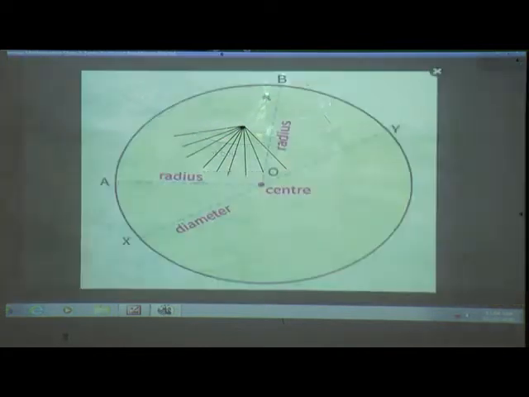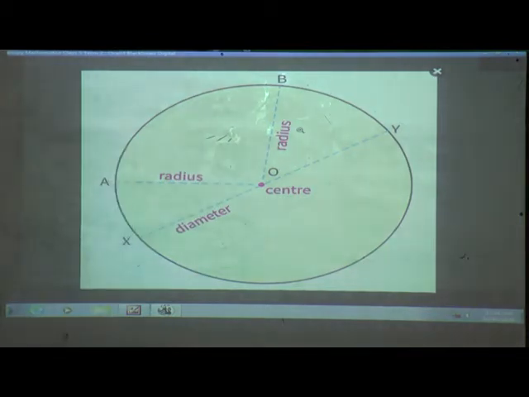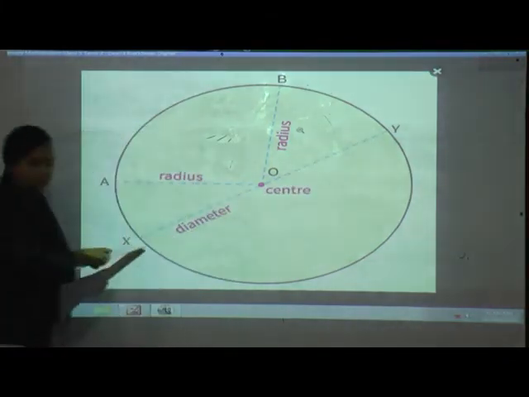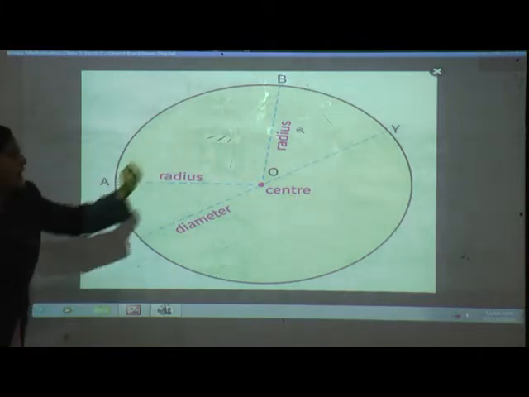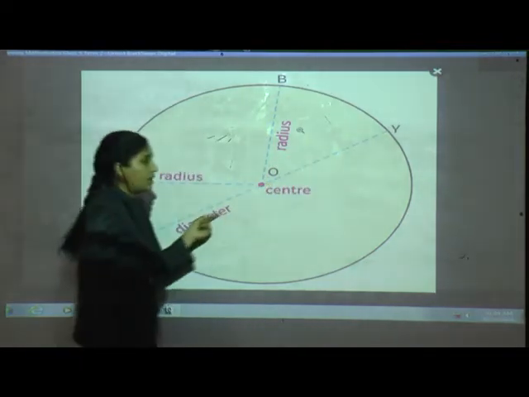Look at the figure. The line segment XY, here, is passing through center O, and the end points X and Y are on the circle.